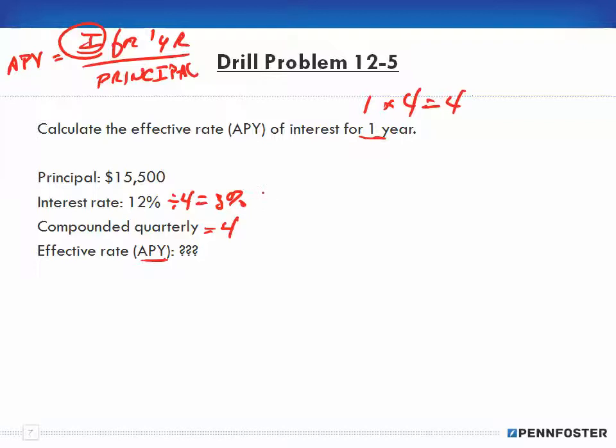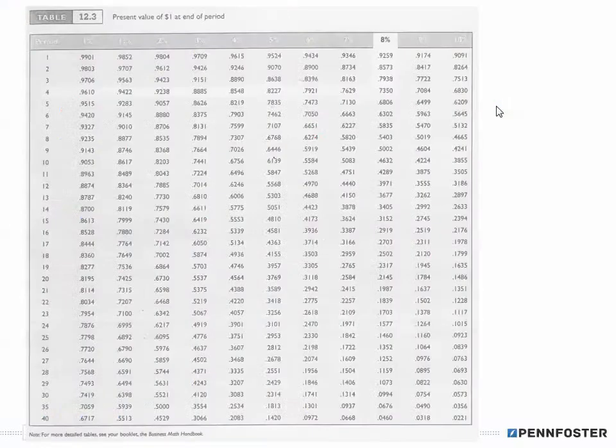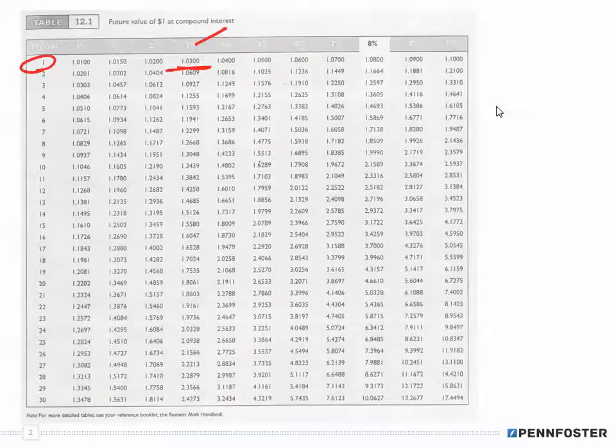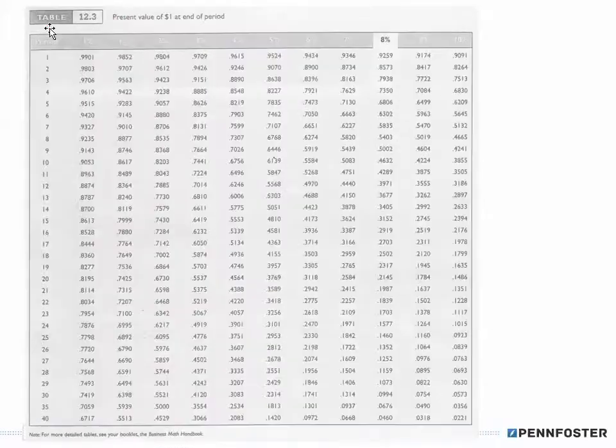So we're going to use the 3% interest and the 4 periods, and we're going to look at our future value table. On our future value table, we have 3% for 4 periods, and that gives us a factor of 1.1255.